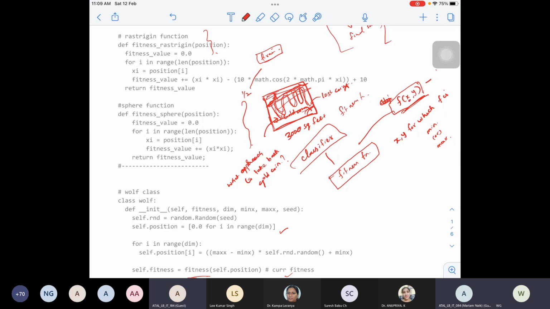Say, for instance, if you know the value of x and y to be between minus 10 and plus 10, then the search space is going to be minus 10 to 10 and minus 10 to 10. This entire space is infinite, and I cannot search it. It is going to take years and years to find the optimal solution.